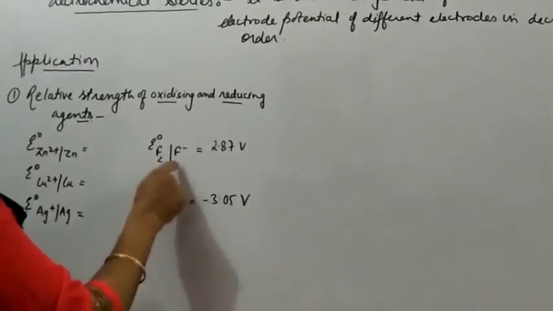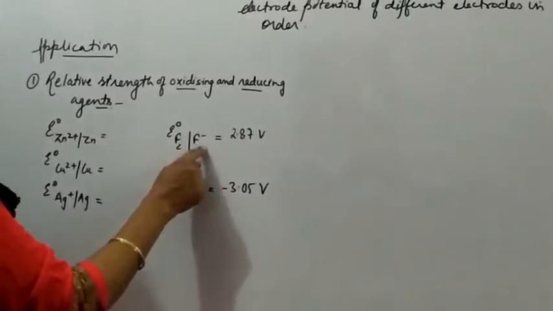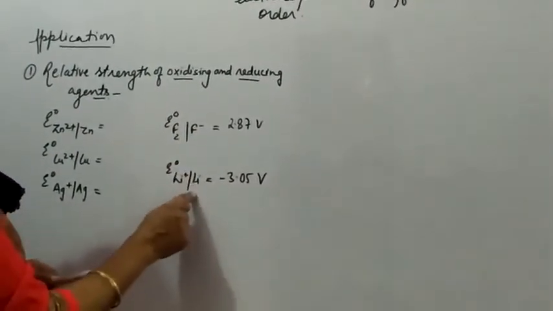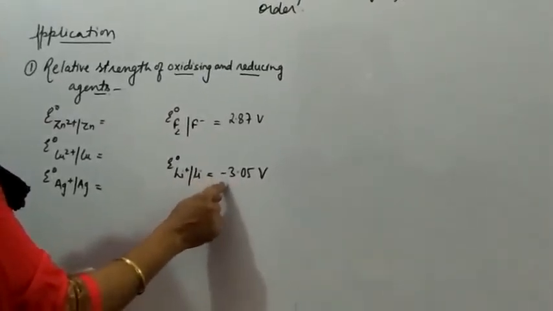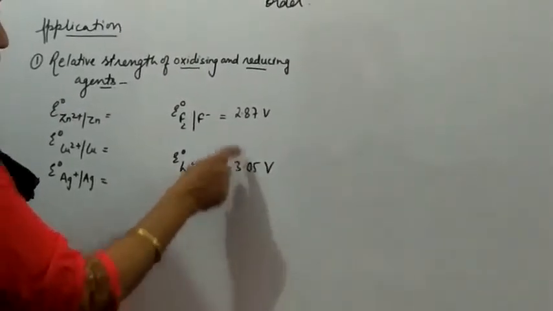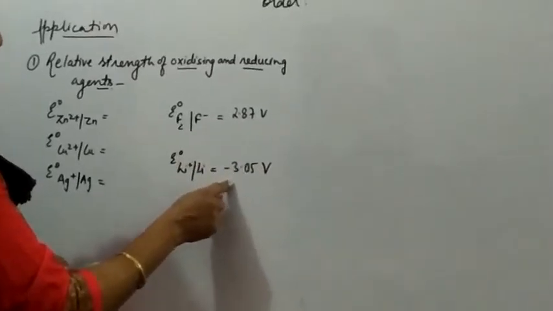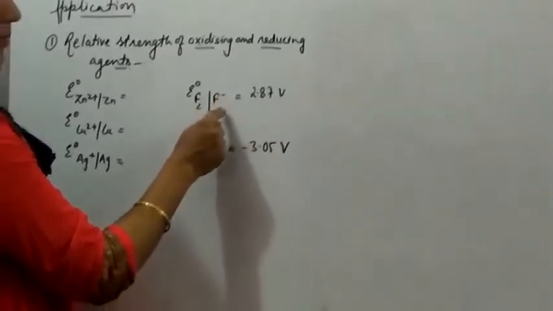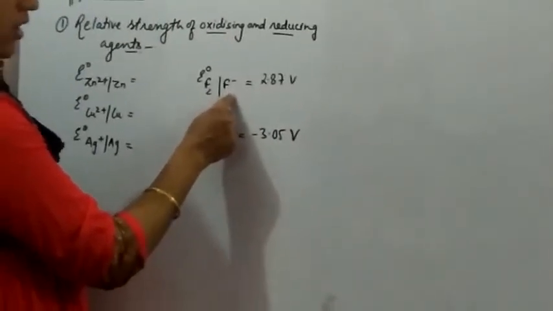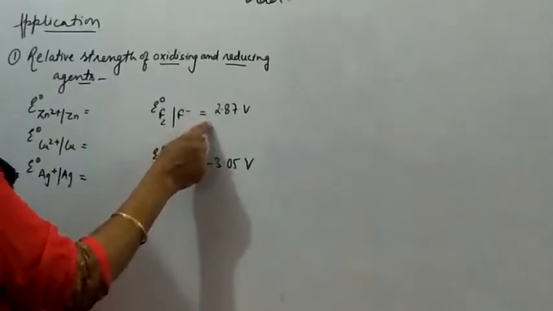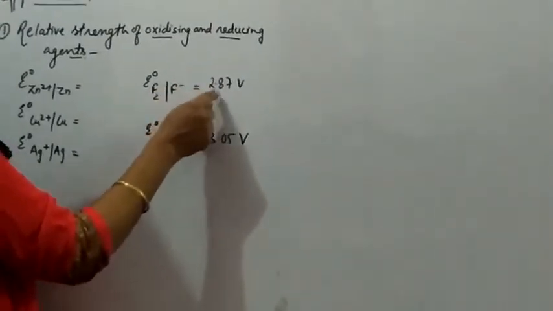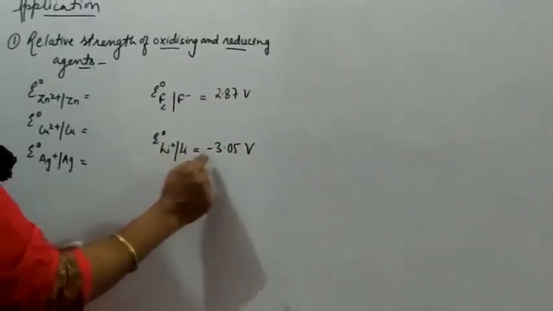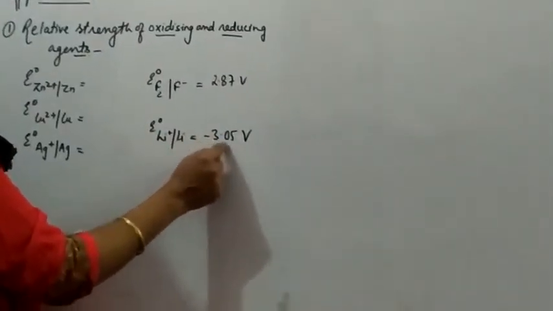Fluorine is present at the top of the electrochemical series, and lithium, whose value is negative, is placed at the bottom. So in the electrochemical series, the electrode potential whose value is positive and greater will be placed at the top, and gradually the value will decrease till lithium at minus 3.05 volt.